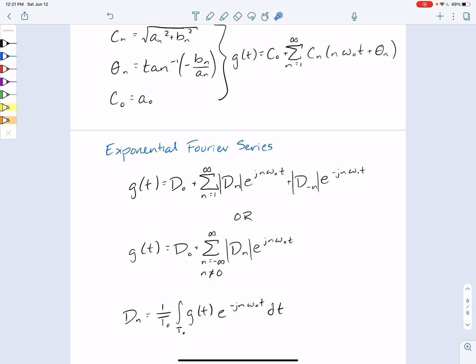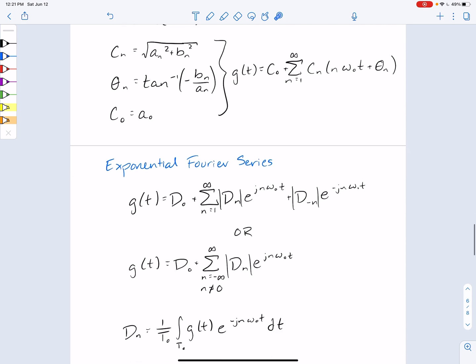But no, that is just the general equation to get the coefficients. The actual Fourier series is going to be your signal, or g of t, equal to some kind of summation. So make sure that at the end, once you calculate your coefficients, you plug them back into that form.